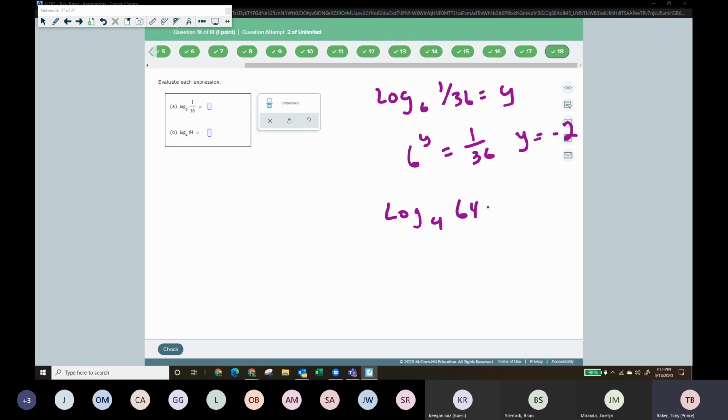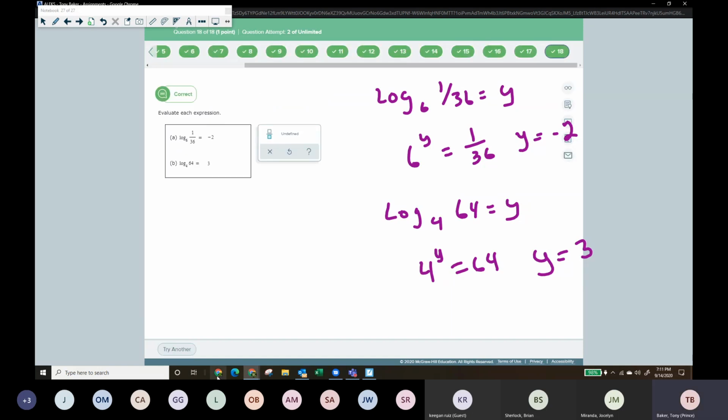Log base 4 of 64. So 4 to the y equals 64. Not a fraction, so 4 to the third power is going to give you 64. And that's it.